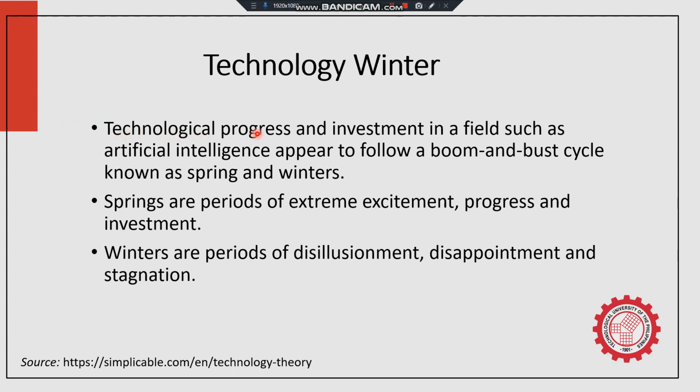So technological progress and investment in a field such as artificial intelligence appear to follow a boom and bust cycle known as springs and winters. Springs are periods of extreme excitement, progress, and investment. Winters are periods of disillusionment, disappointment, and stagnation. Okay?